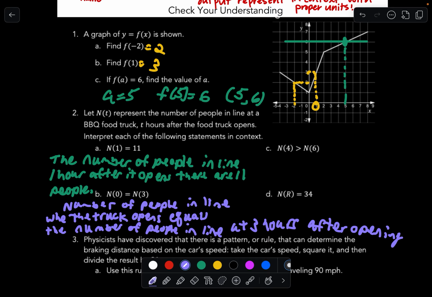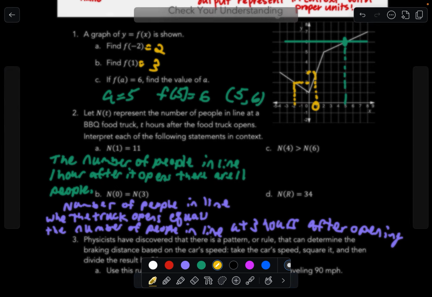That means the people in line at 4 hours is greater than, I'm going to cut down on how much I write because it's taking up too much space.